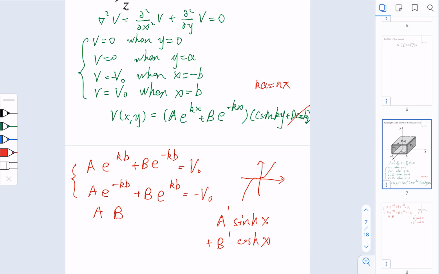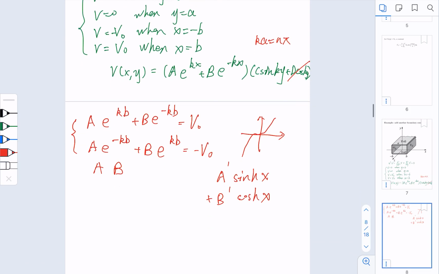So this is the hyperbolic sine and hyperbolic cosine functions, and the hyperbolic sine function I simply call sinh.